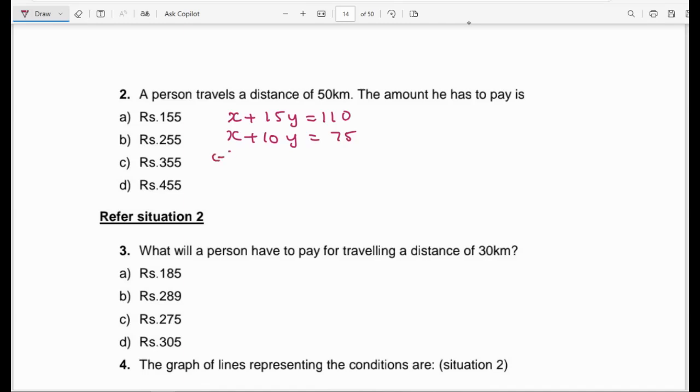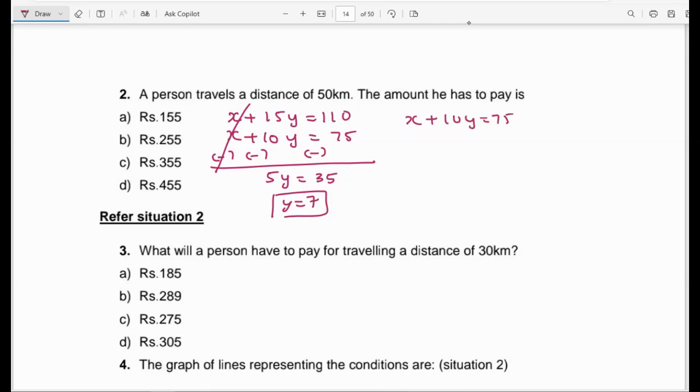So subtract, change the sign, and find the answer. 5y is 35, so y will be 7. So y is 7, what will be the x value? x plus 10y is 75. So x plus 10 into 7 is 70, equals 75. So x equals 5.